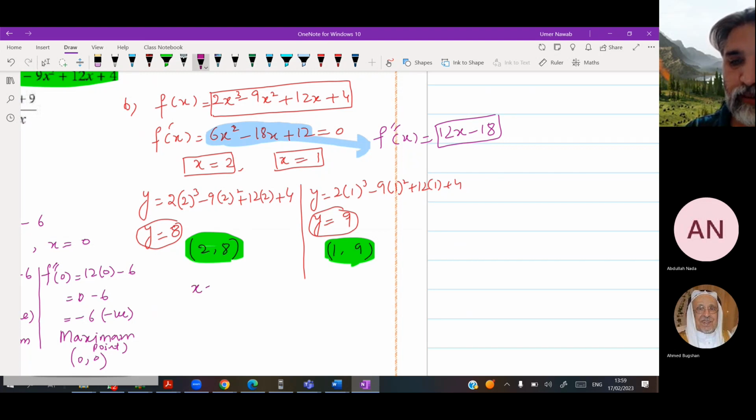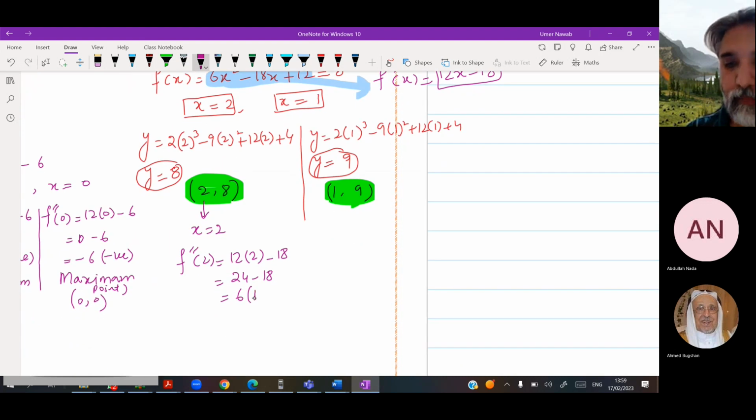First I will substitute 2 into f double dash of 2. What is that? 12 times 2 minus 18. It gives you 6, which is a positive number. So it means 2, 8 is my minimum point.